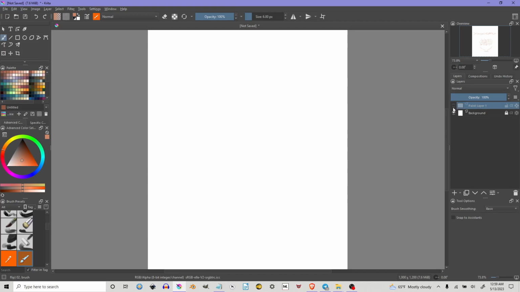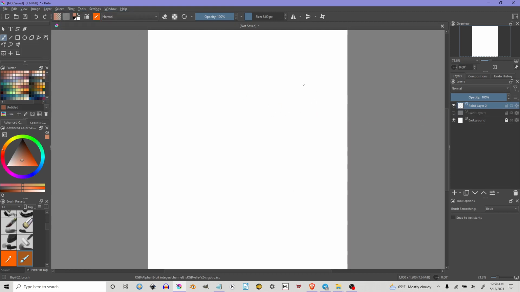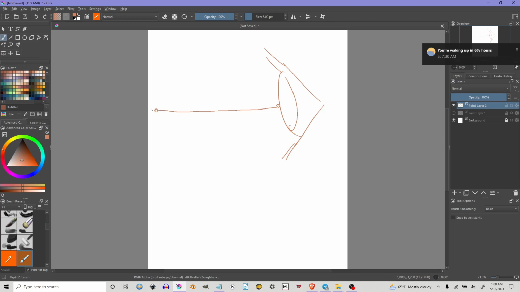So let's make a new layer. Draw an eye. So here's an atom in the person's eye, and here is an atom in the source that they're looking at. Maybe it's a tree, maybe it's a rock, whatever.